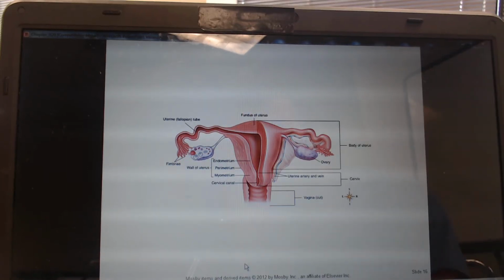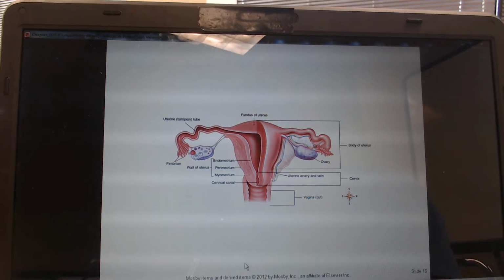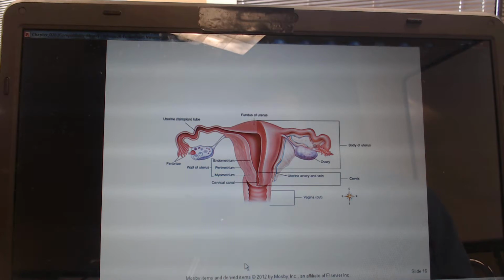These small finger-like structures called fimbriae are going to be wisping in kind of a flicking motion to get that ovum to go up the fallopian tube, where ultimately, if a male sperm gets to that point, that's where fertilization occurs.